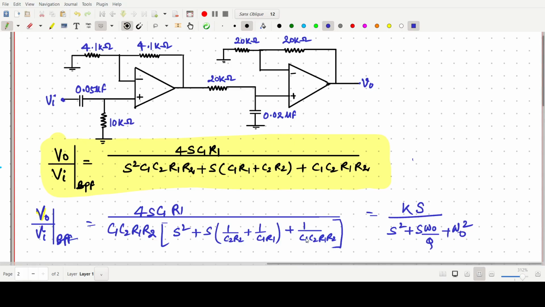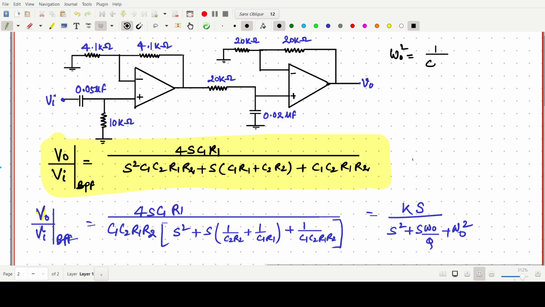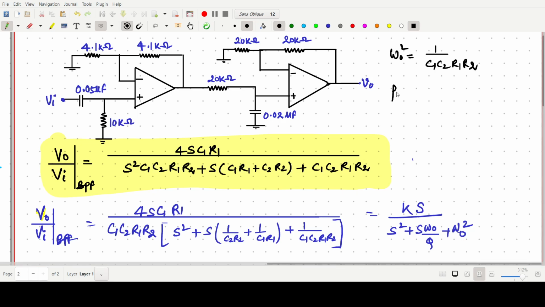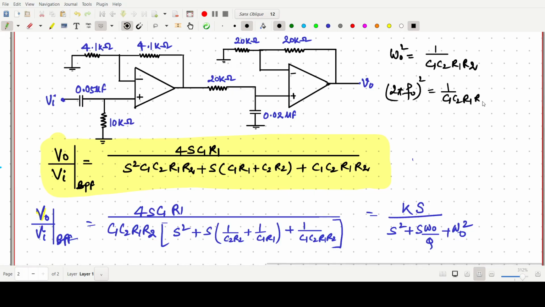So this omega naught square is nothing but simply 1 by C1 C2 R1 R2. So we can write 2 pi f naught whole square is 1 by C1 C2 R1 R2. So f naught value we can write directly 1 by 2 pi into the square root of 1 by C1 C2 R1 R2.